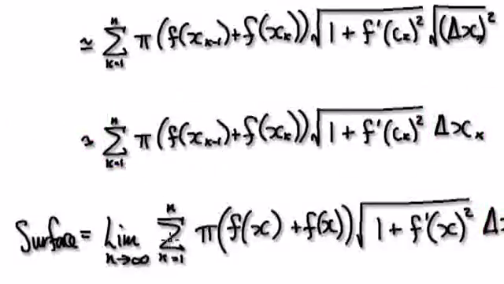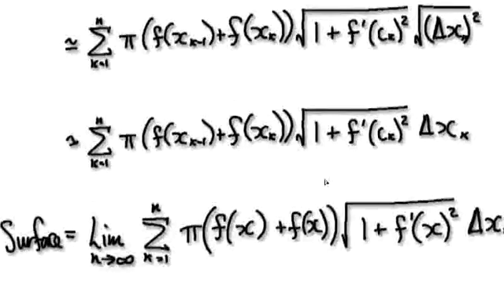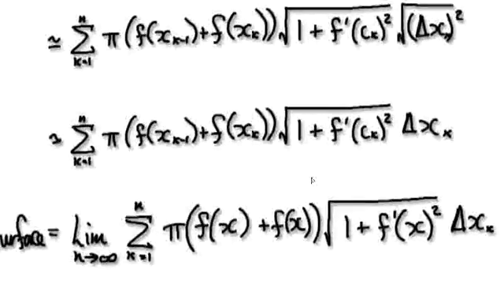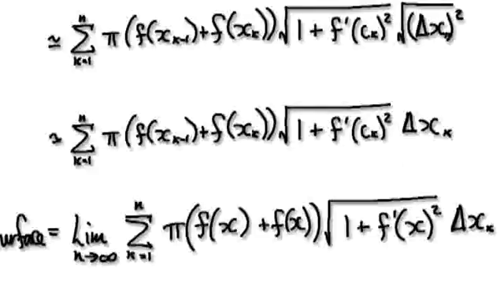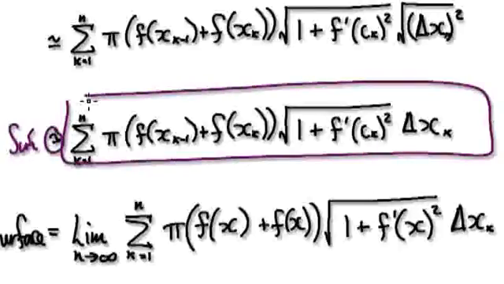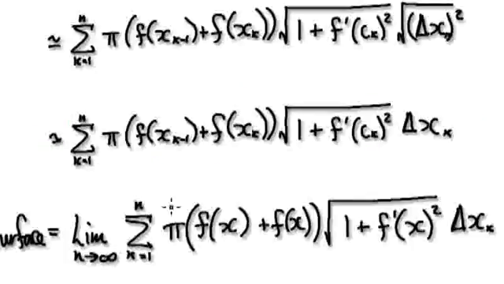Okay. So now take the limit. Let me just move this across slightly. So at the moment the surface area is approximately this whole thing here. So now take the limit as n tends to infinity. Then this thing here becomes f of x.